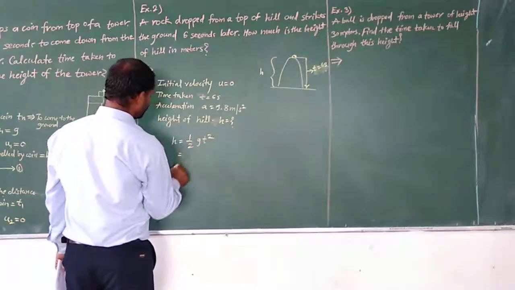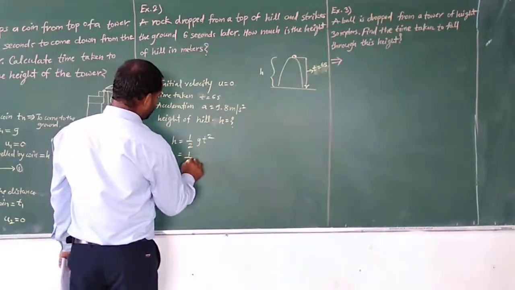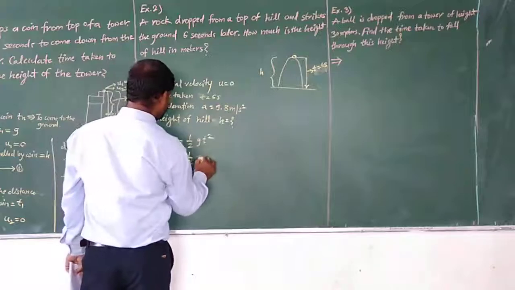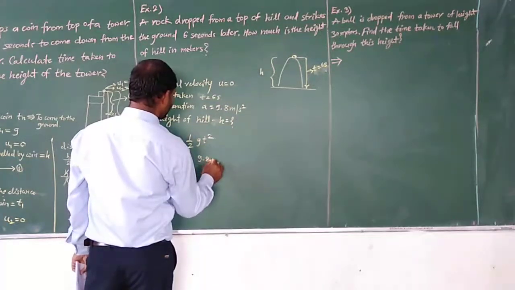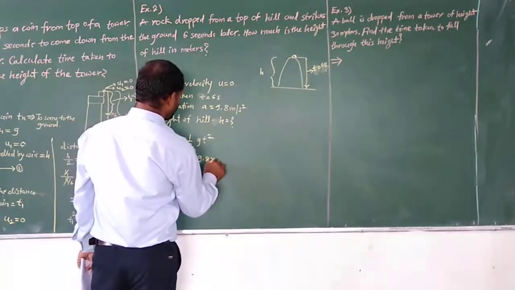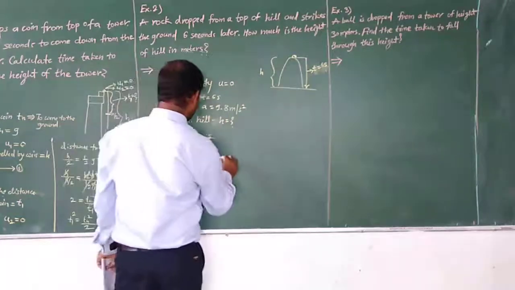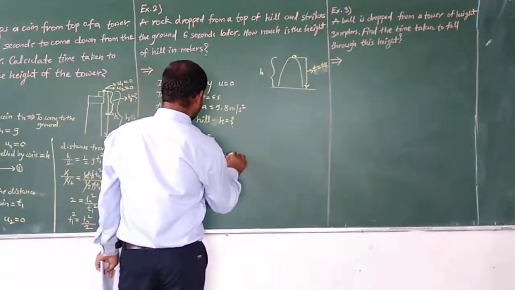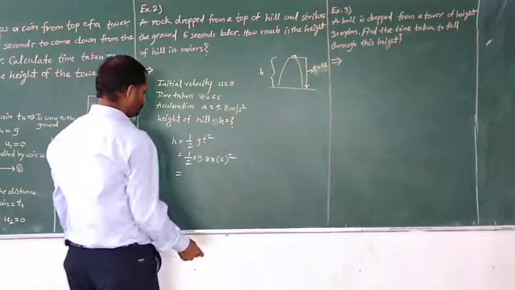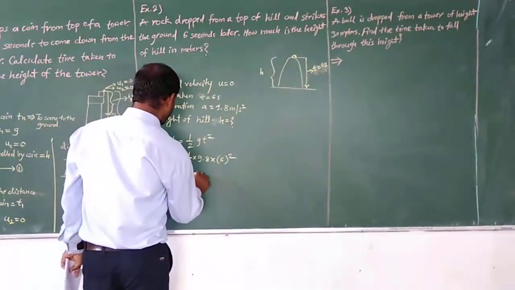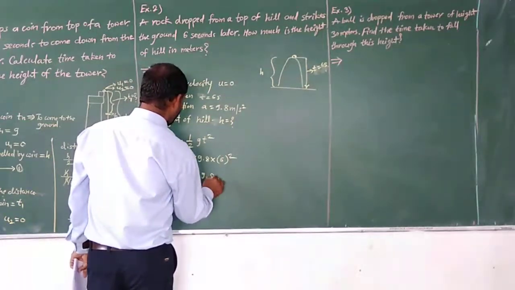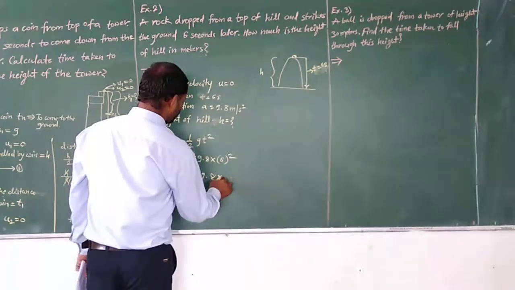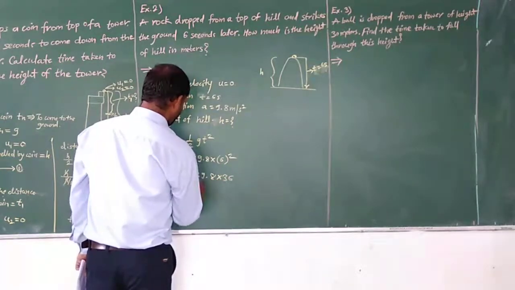So put the values: half into 9.8 multiplied by 6 square. So 1 by 2 into 9.8 into 36.